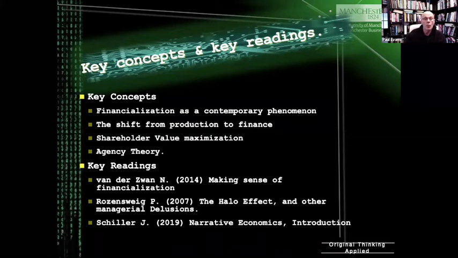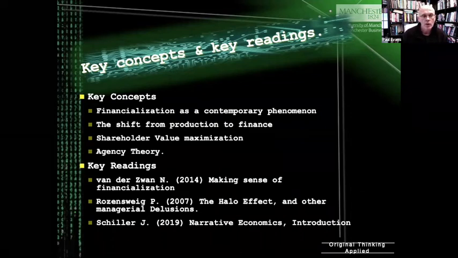If a firm is working well, how do we know what's caused that firm to work well? That's the challenge Rosenzweig highlights. He talks about halos and how narratives, stories, can drive our sense of value and what's important. And then I've also given you Joseph Schiller's work, which underpins this idea about narratives driving value. He gives you some examples in his book, and I think the Bitcoin chapter is really interesting there.